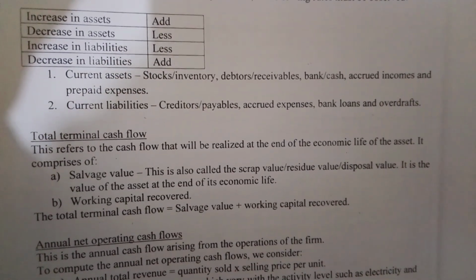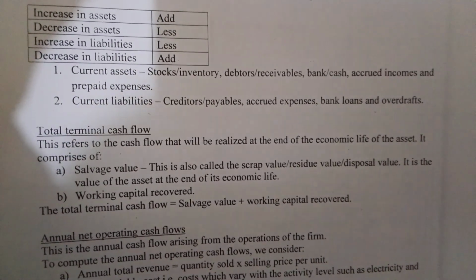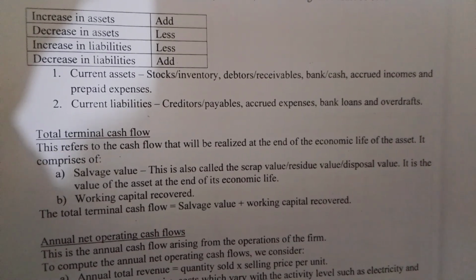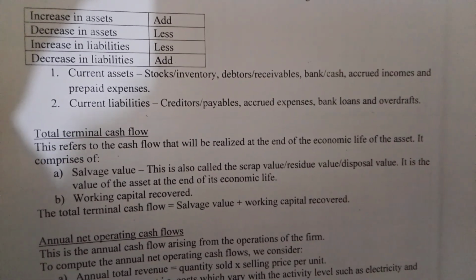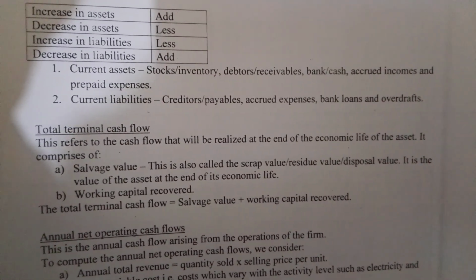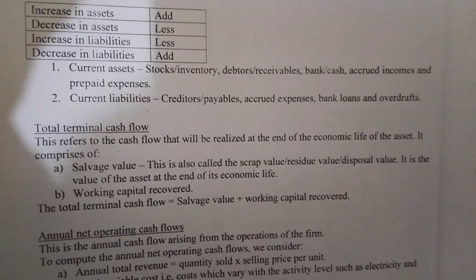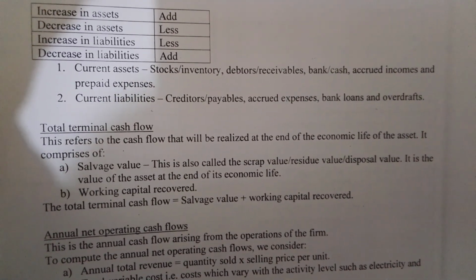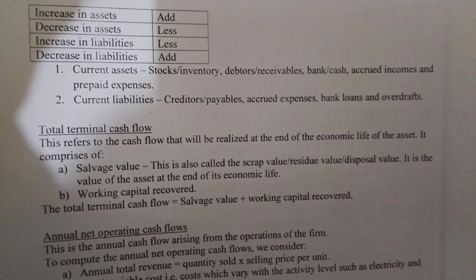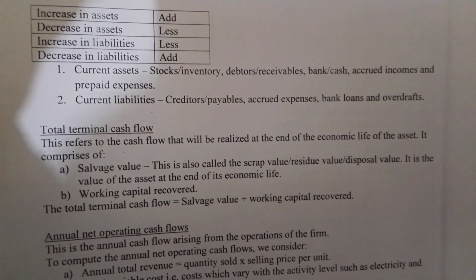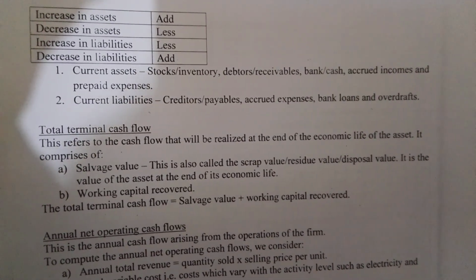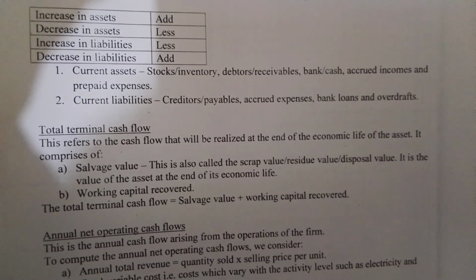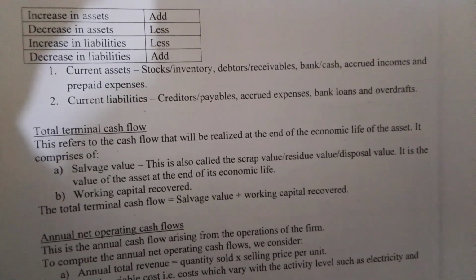That is, if you purchase a machine and as a result it brings some changes on the working capital, and these changes are occurring by the start of the economic life of the asset, then such a change should be part of the initial capital, or the initial cost rather.